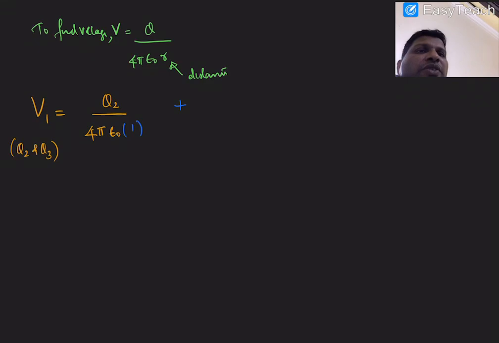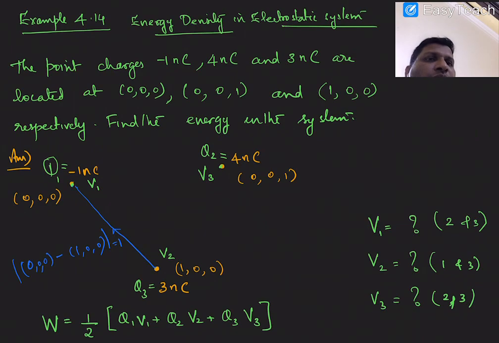Now plus Q3 divided by 4 pi epsilon 0, and what is the distance from point 3 to point 1? We have to find this. This is 0, 0, 0 minus 0, 0, 1, and again the magnitude is 1.